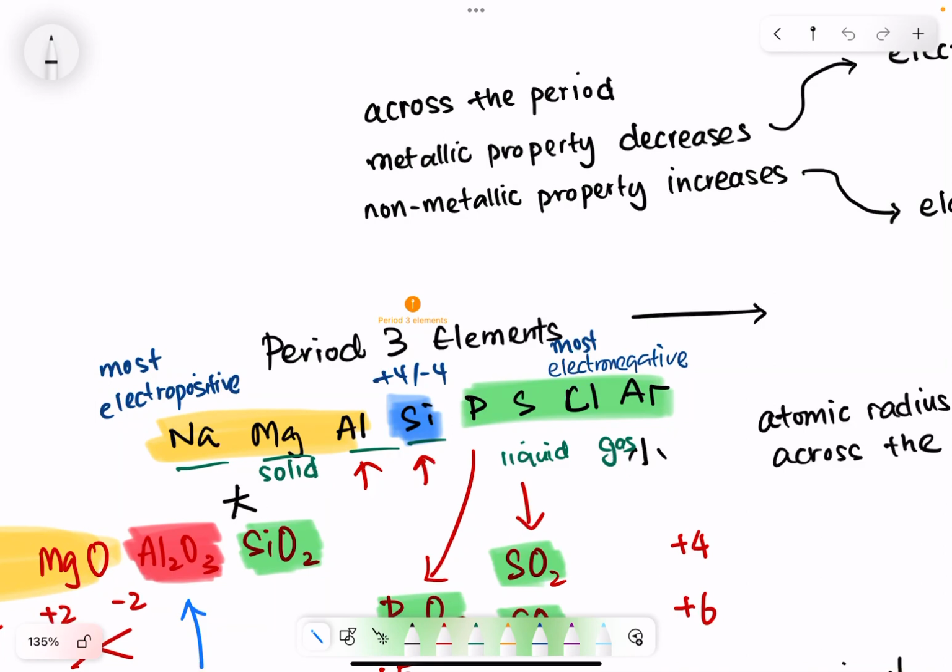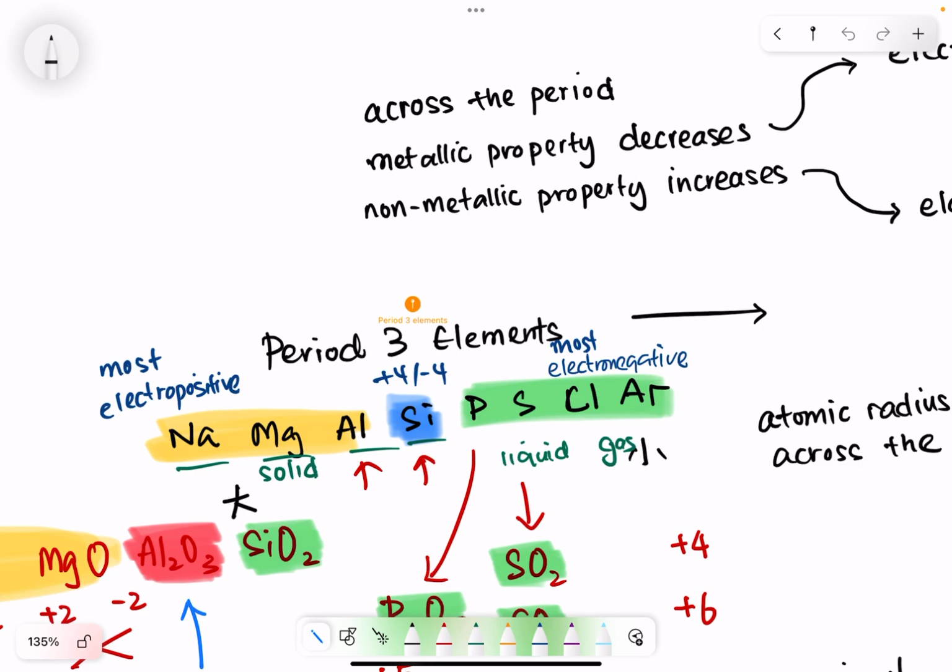It means that your metallic property is decreasing because atomic radius is decreasing. So nuclear charge increases, and then helps you pull electrons closer, with a stronger force of attraction on those electrons, which is why we can say that the metallic property is going to decrease, since it's harder to lose electrons.